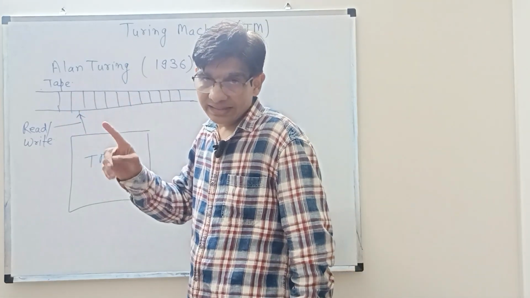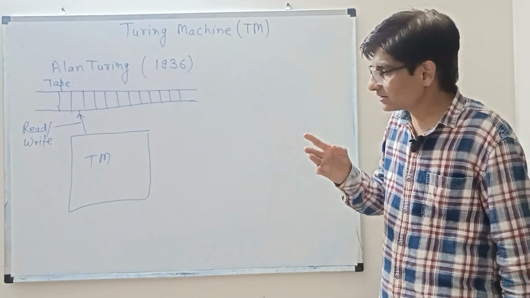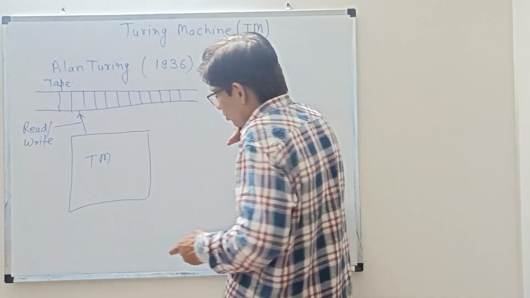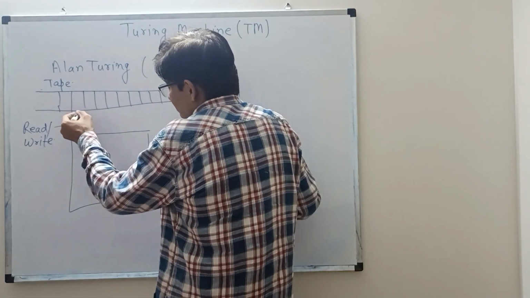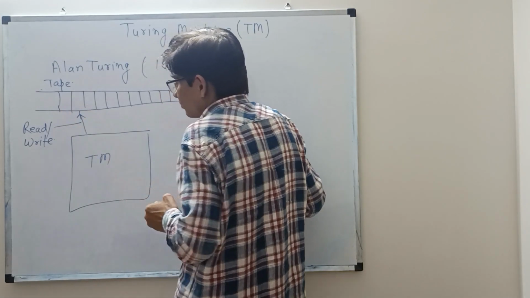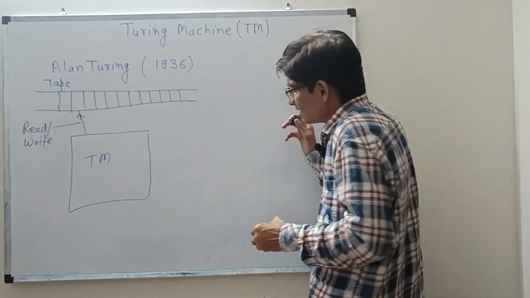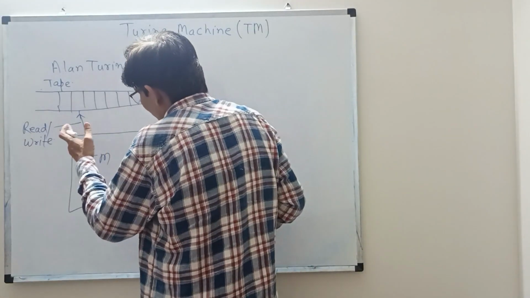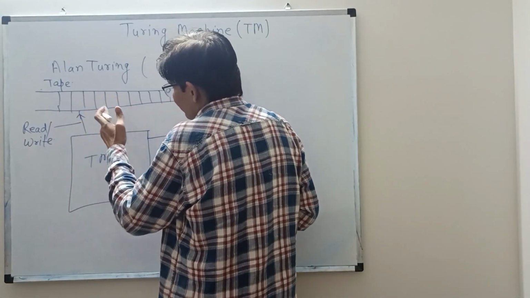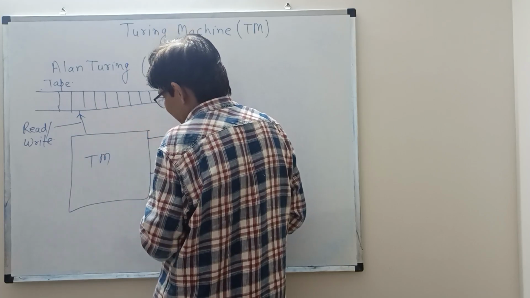Now, as we can see in the working of finite automata and PDA, after reading one input symbol, all the mathematical models change their states. The Turing machine also works in the same manner. So after reading one symbol at a time from the input tape, Turing machine changes its state, and after reading all input symbols one by one, it continues to change its state.